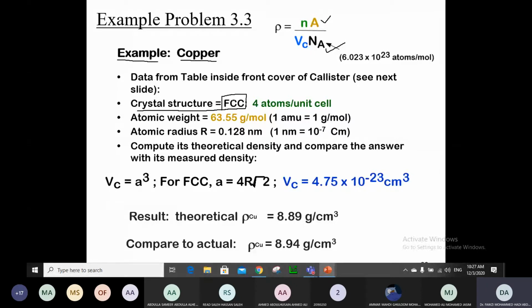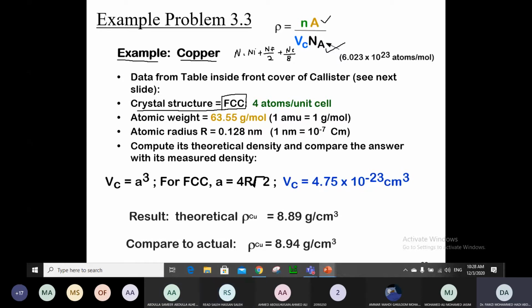So for the FCC crystal structure, what is the number of atoms per unit cell? Well, basically we say N is equal to Ni plus Nf over 2 plus Nc over how much? 8.